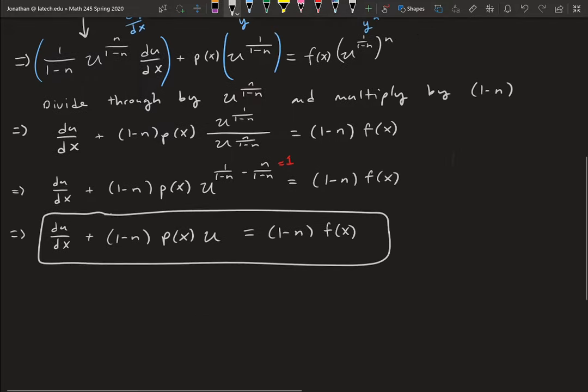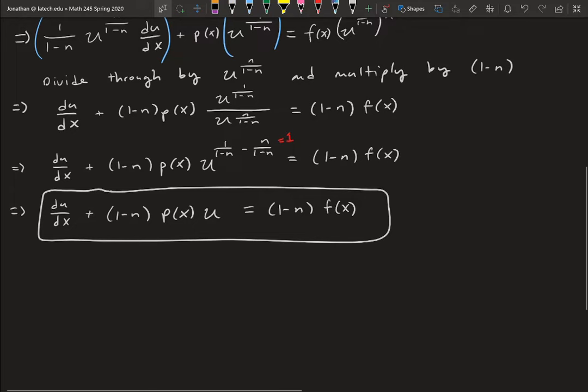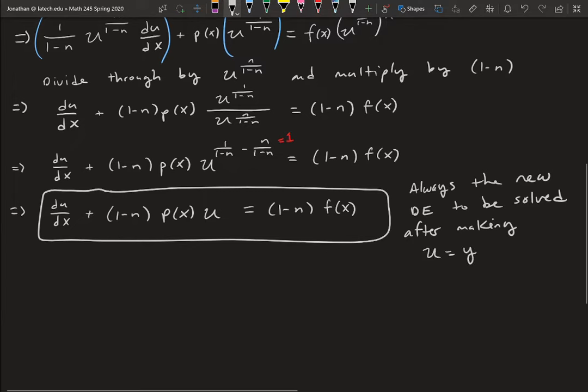So this is what happens every time you have a Bernoulli equation and you make the substitution. So this is always the new differential equation to be solved after making u equal to y to the 1 minus n, where n comes from the original differential equation.